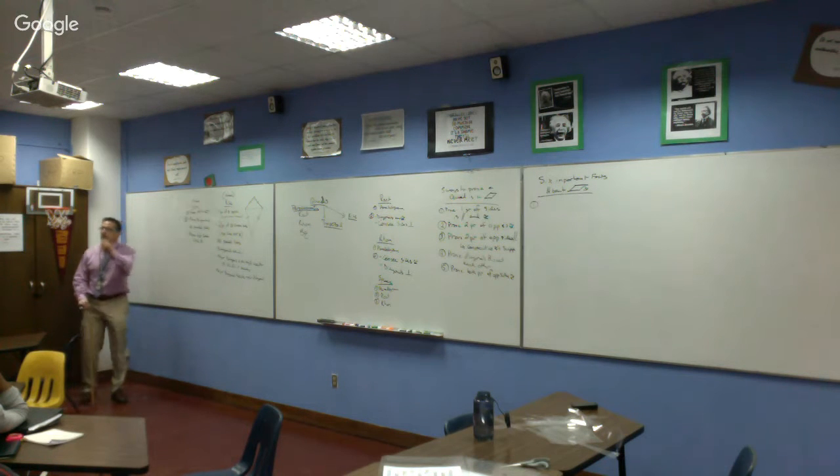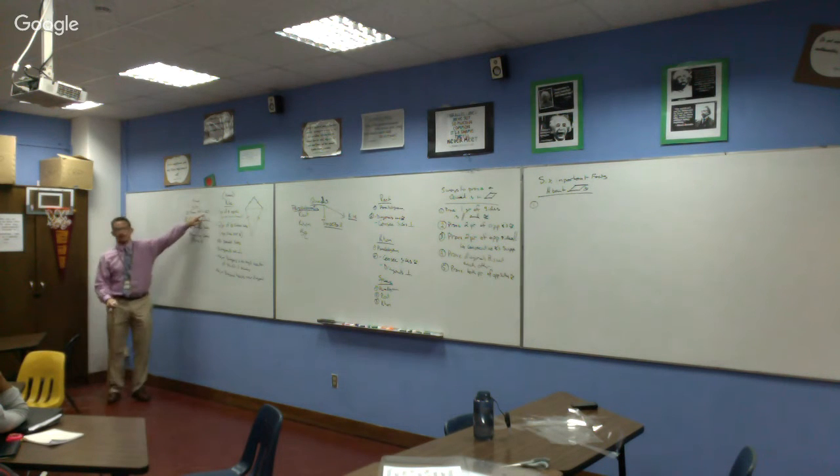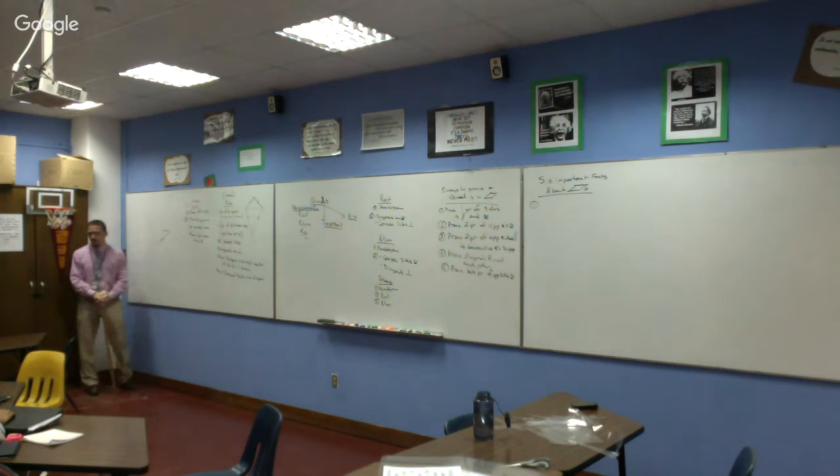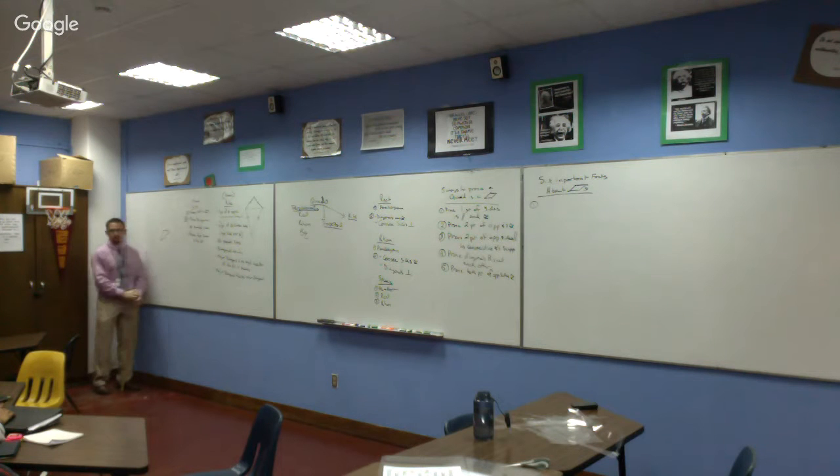Okay, because I could come up with a situation where it's not a parallelogram, there are no parallel sides, but then it's also not a kite. It's just a generic quadrilateral. Right? Because I could have something like that, where none of these sides are congruent, but none of those sides are parallel either.